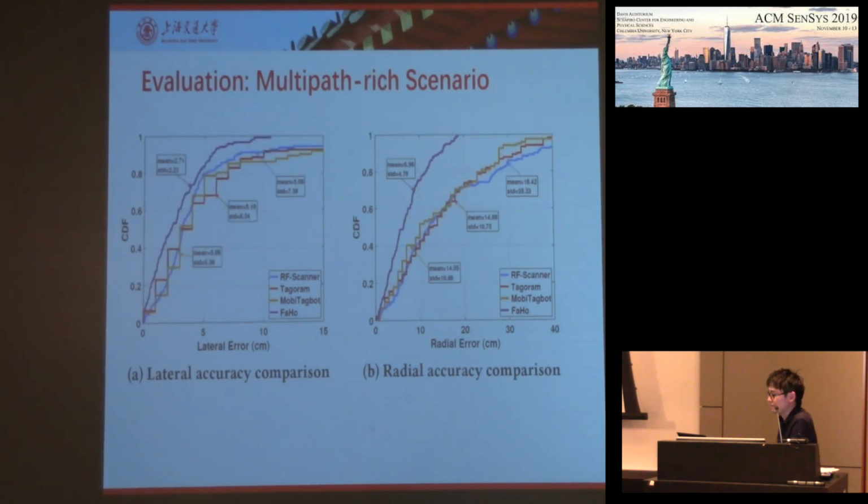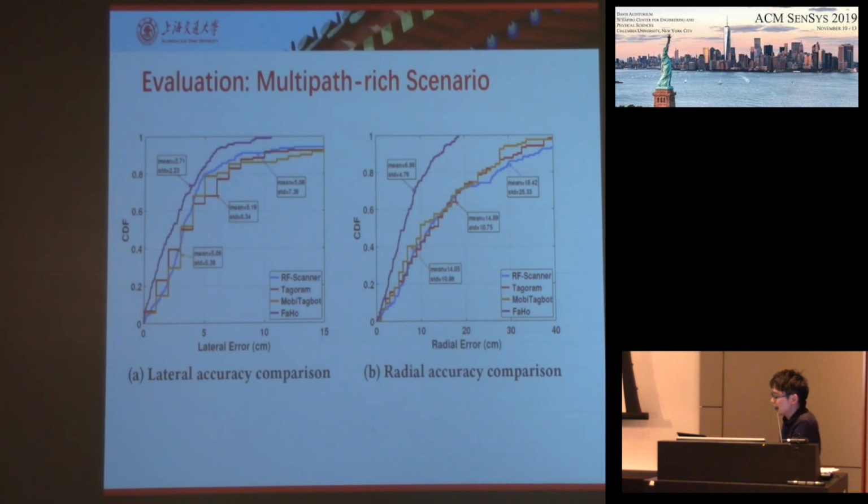And in the multipath-rich scenario, the results also show that FaHo outperforms other works, especially in the right directions. And more importantly, only our system achieves centimeter level accuracy in a combined direction in this scenario.